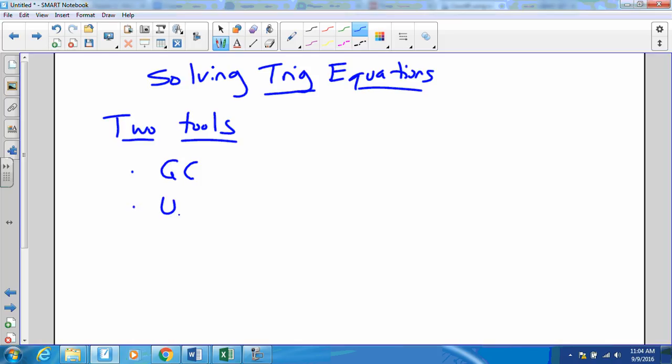And our second tool is going to be our unit circle. Obviously, you have done some work with both of these, so in some sense this is a review. But today I wanted to put it all together and ask this question: how do you know which tool to use?